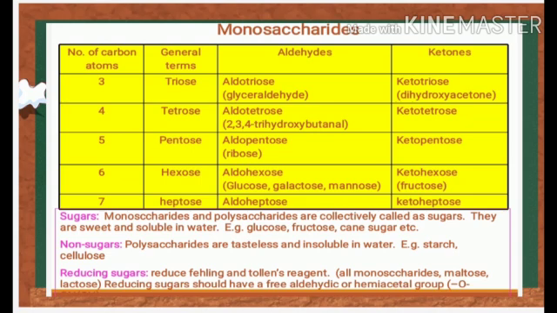Ketoses are the monosaccharides containing a keto group, which is divalent. It can be present anywhere along the carbon chain. But in all the naturally occurring ketoses, the keto group is always present at the carbon atom next to the terminal carbon, that is at C2 carbon.